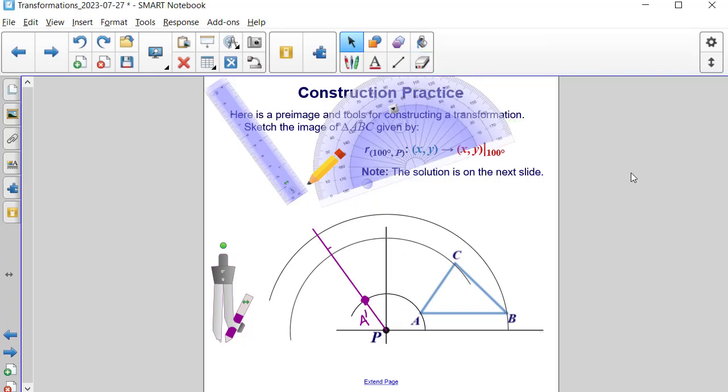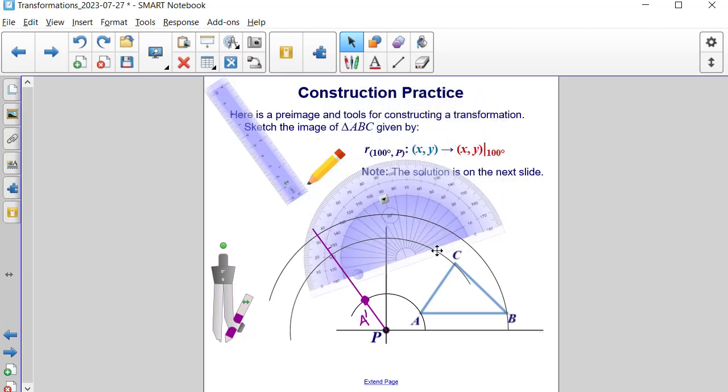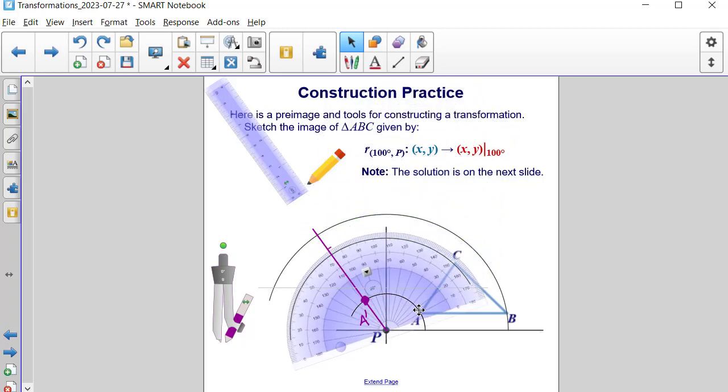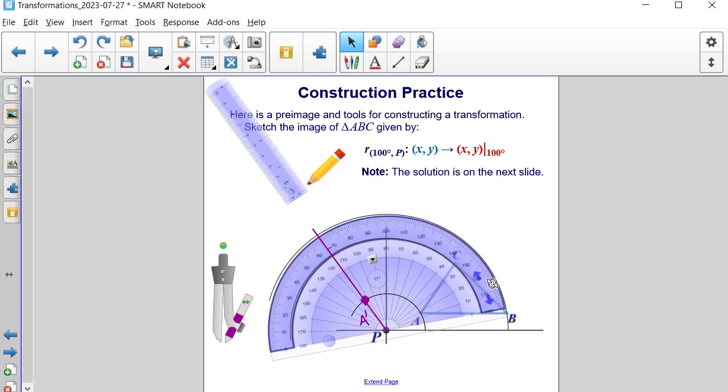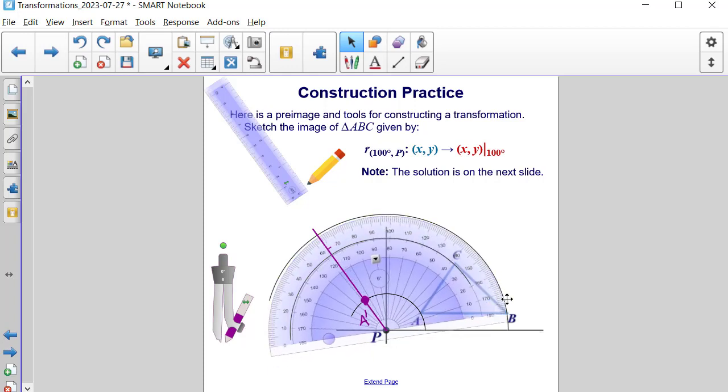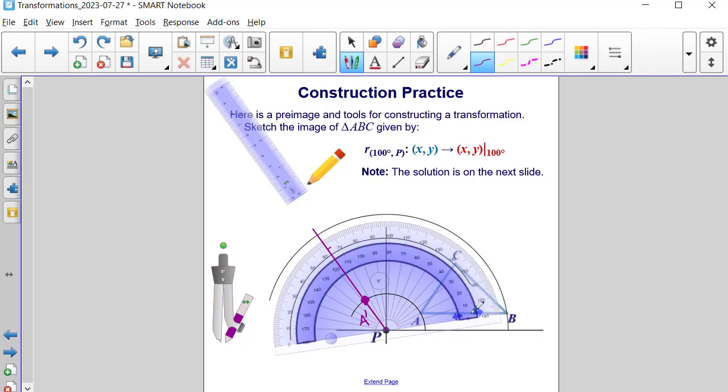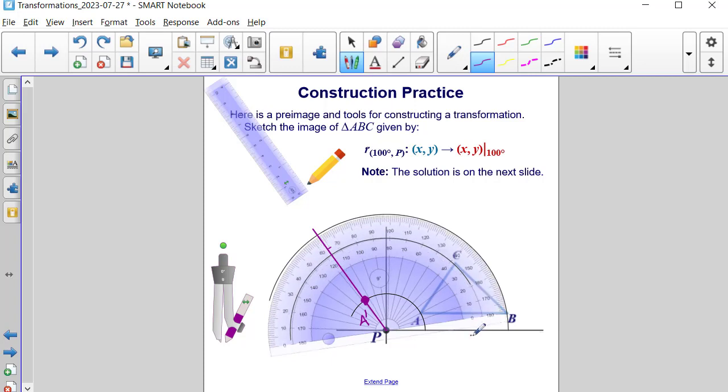Let's rotate point B next. To begin, we need to line up our protractor so that its center is at point P again. But then we need to rotate it so that 0 degrees coincides with point B, and now it does. See the 0 degrees that we have as our inner arc right here.